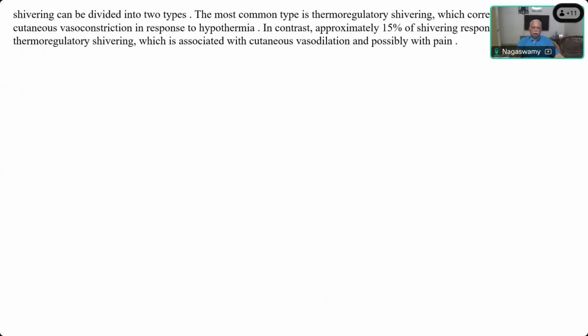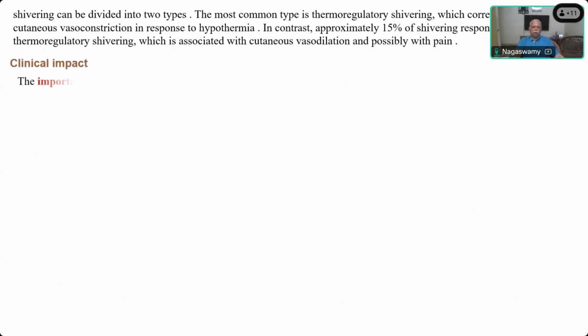In the non-thermoregulatory patient, there is actually cutaneous vasodilatation, and that may probably be because of pain. So if the patient has no cutaneous vasoconstriction and his temperature is normal, you must think of pain as the cause of shivering, not temperature. So you have to classify them into non-thermoregulatory and thermoregulatory.